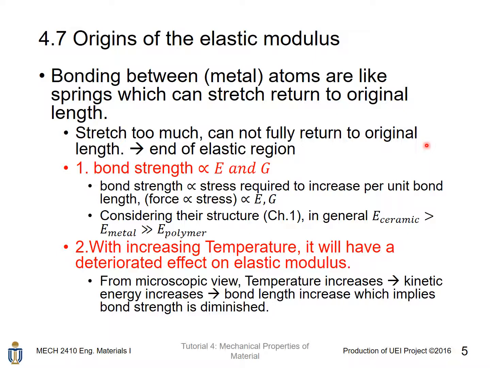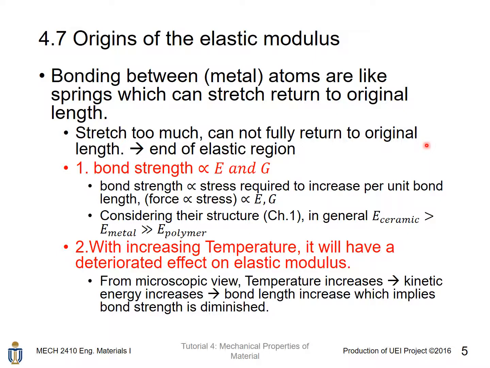Considering the structures, which I have already discussed in chapter 1, different materials have different structures. In general, ceramic will have a higher modulus than metal, and metal will have a higher modulus than polymer due to their bond strength. Second, with increased temperature, you will have a lower value of elastic modulus and shear modulus.